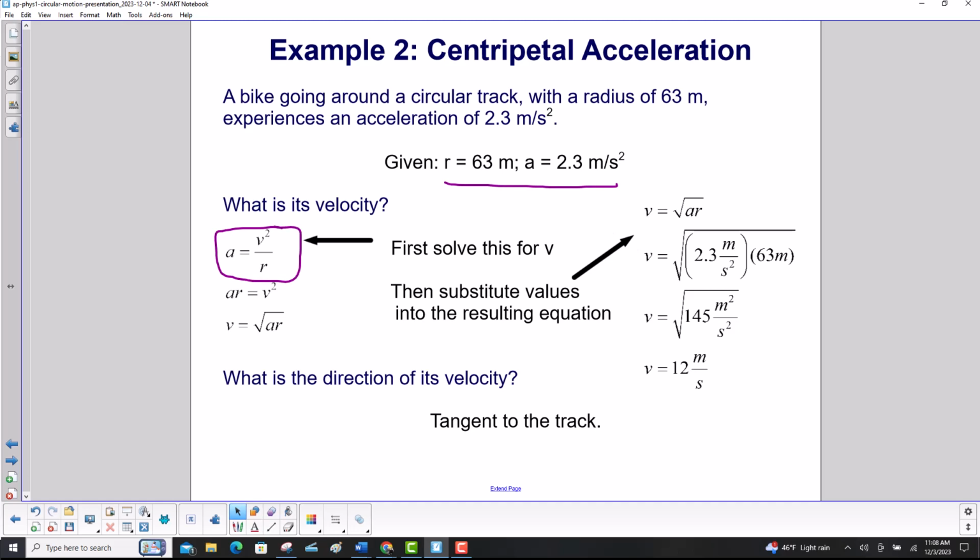Take the square root of both sides, put v on the left, and we have the square root of ar. Bring that here, substitute in our variables, and we get the square root of 145 meters squared over second squared. Now make sure you remember to take the square root, and we get 12 meters per second to 2 sig figs. What's its direction? Tangent to the track.